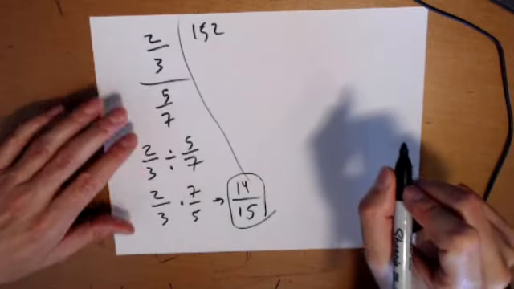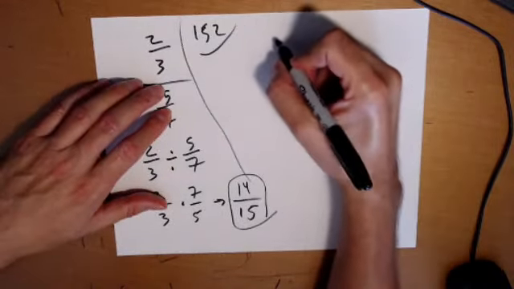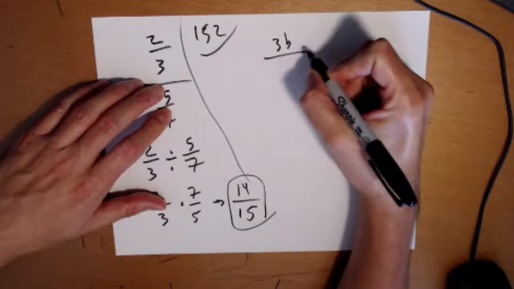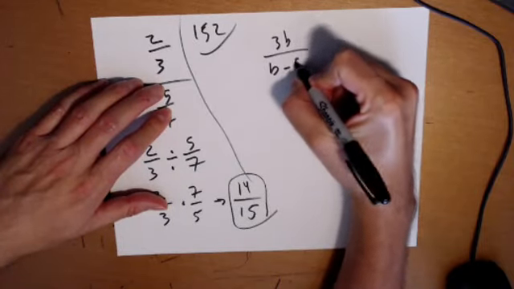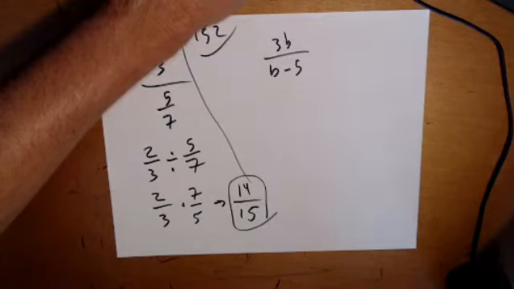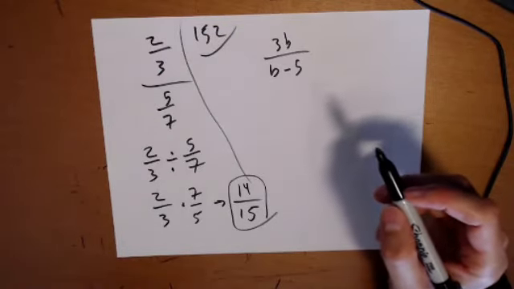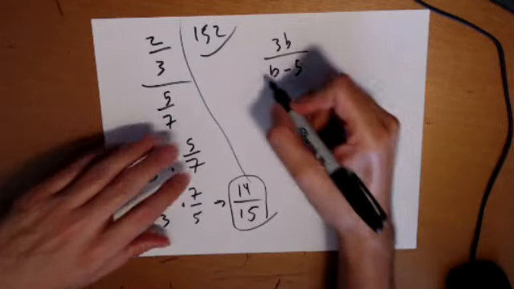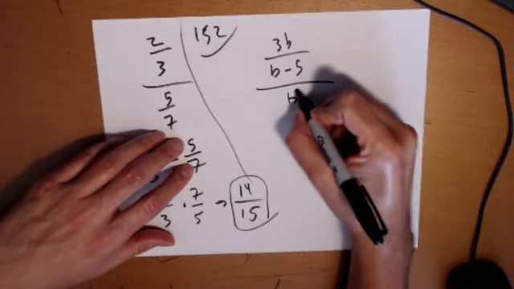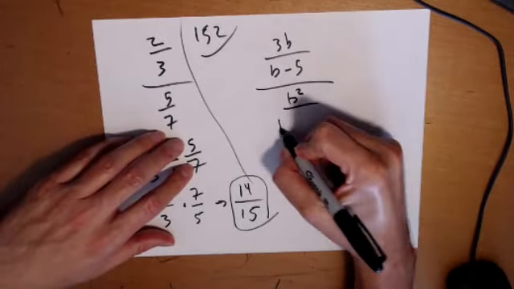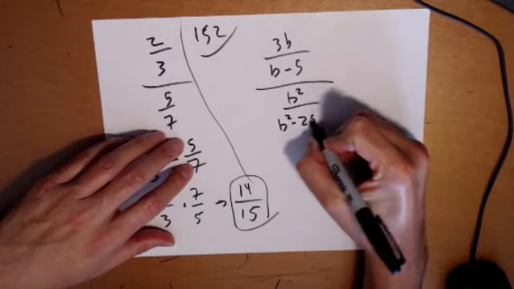152. Let's see. We have 3b over b minus 5, all over b squared over b squared minus 25.